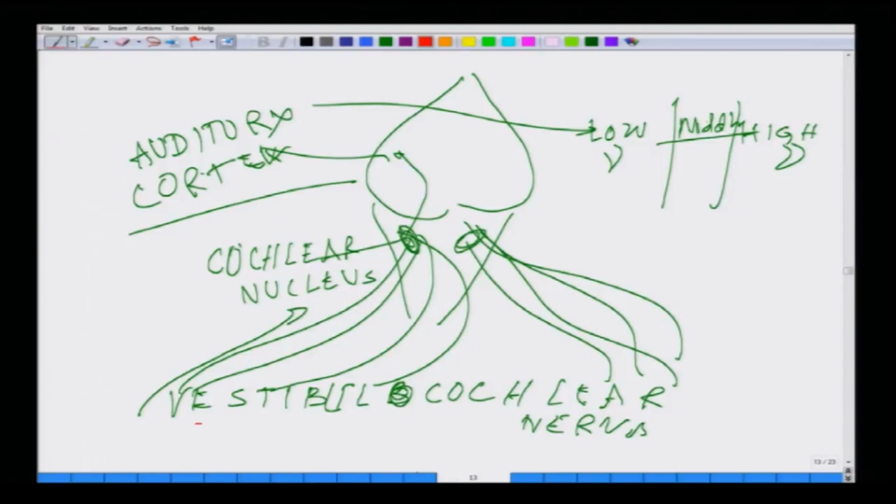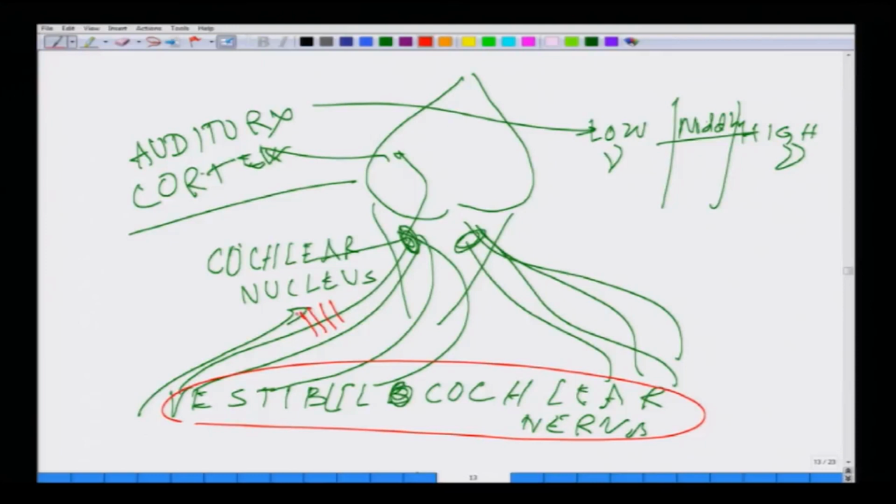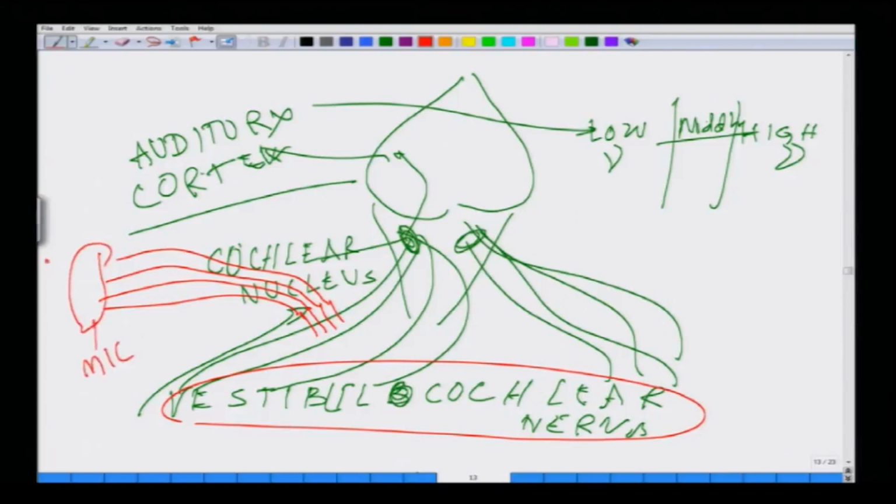You see these vestibulocochlear nerves. So, you implant the electrodes like this, and this is connected to a mic out here. Whatever sound information is coming in travels all along, and from here it will reach the cochlear nucleus.